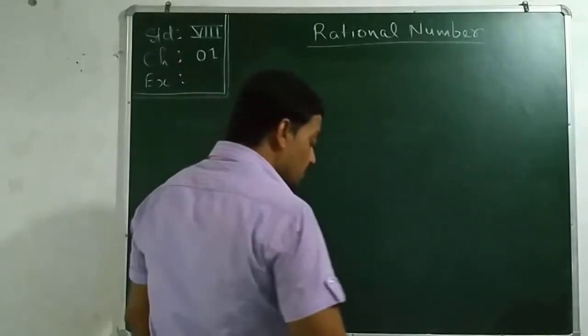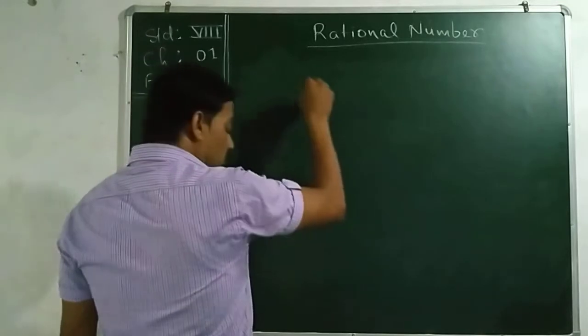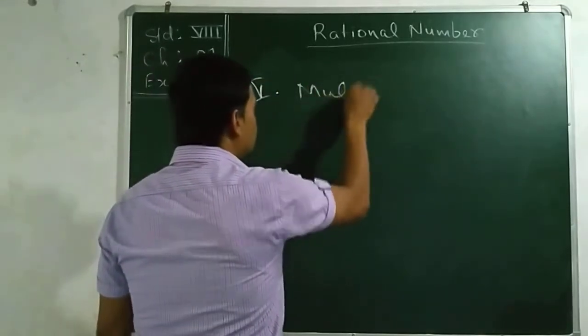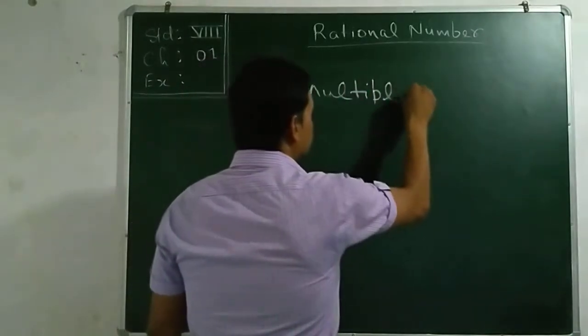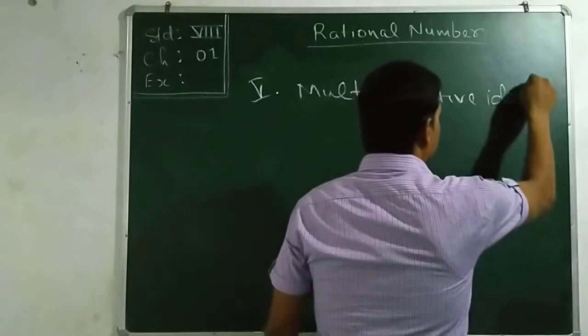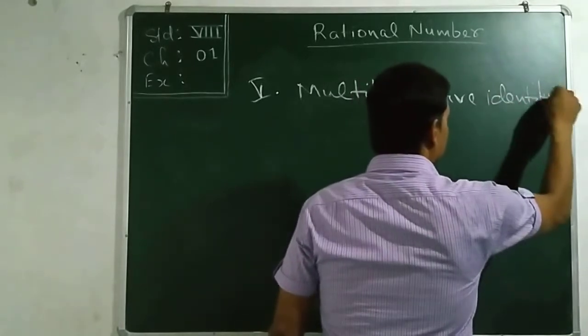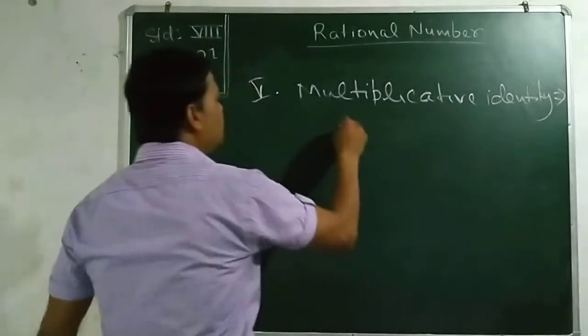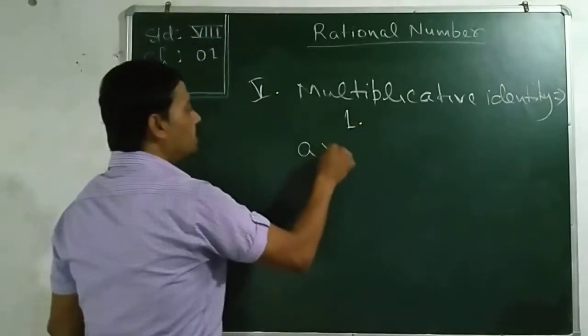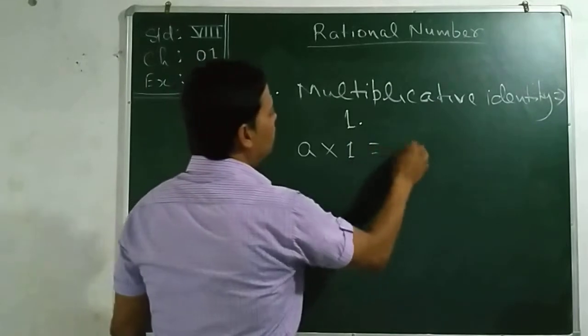Both the things I will explain to you. Multiplicative identity, the multiplicative identity is 1. If you multiply A by 1, you will get A.